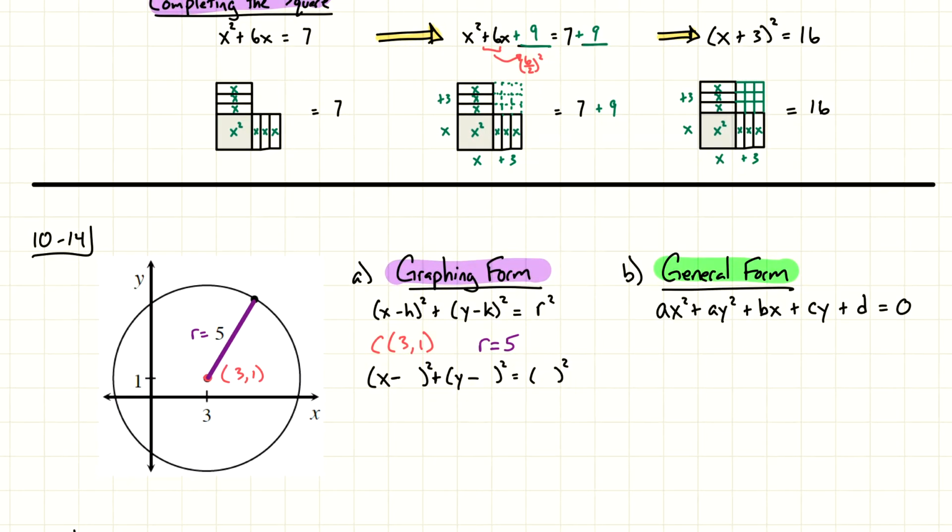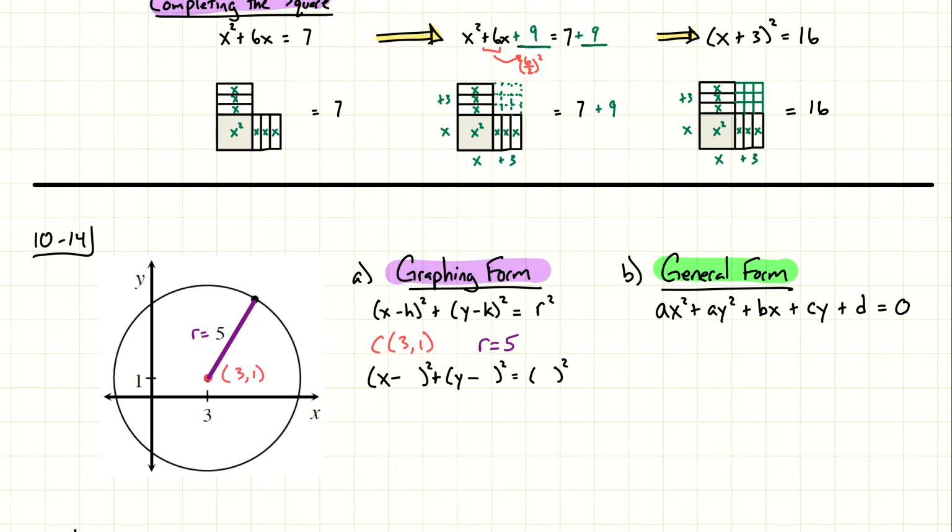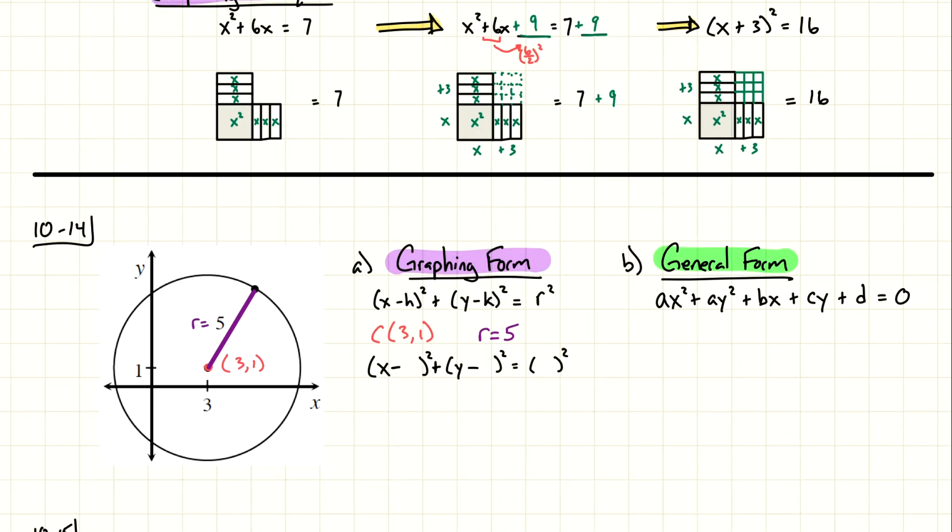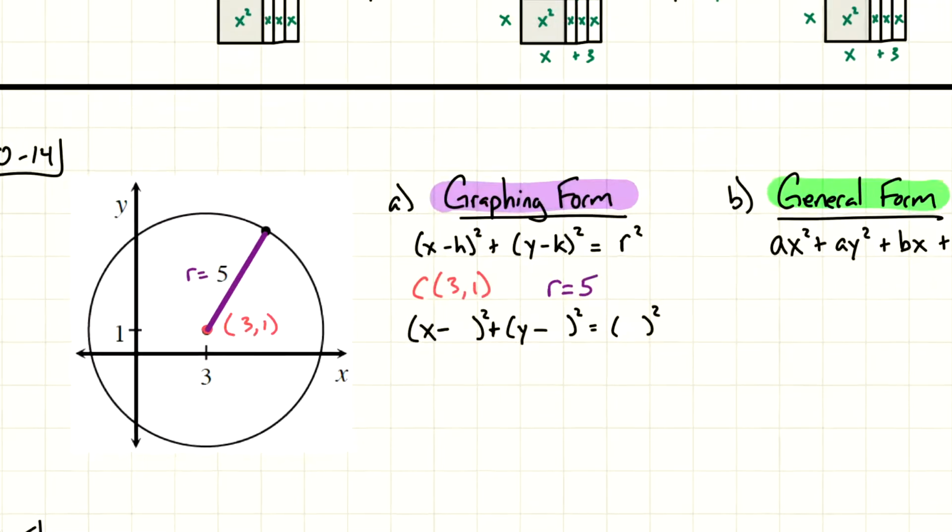Alright, so here on problem 14, we're looking at the equation of a circle, but not only in graphing form that we just finished learning, but also the general form, which is not very friendly for graphing. Let's first start with the graphing form.